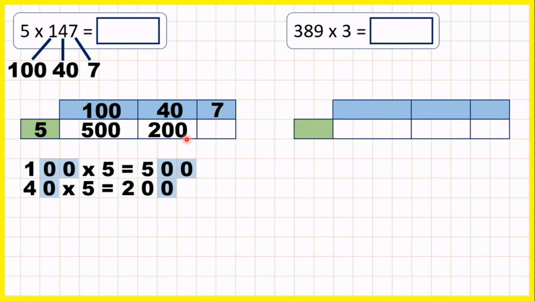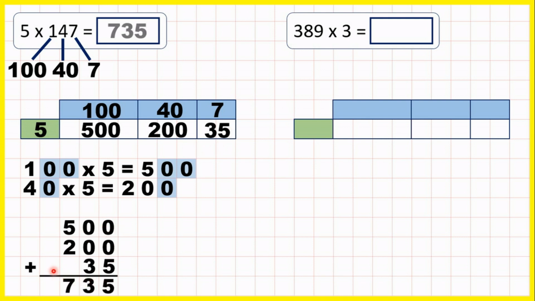And now 7 times 5 is 35. So to get our answer, we just add up what's in our boxes, so that's 500 plus 200 plus 35. We can use column addition for this, and that gives us our answer, 735.